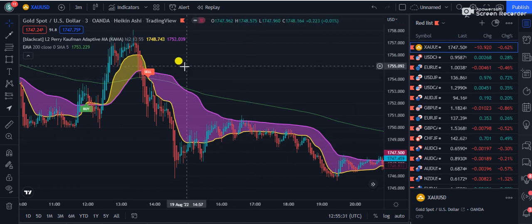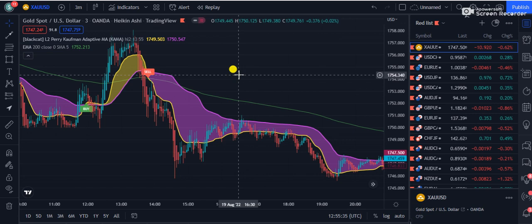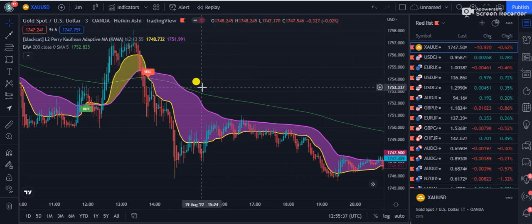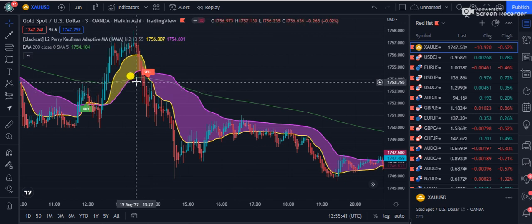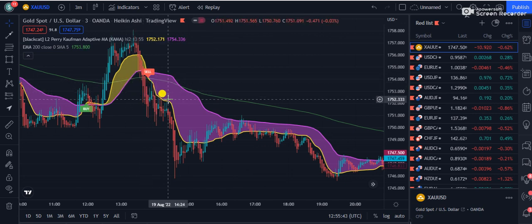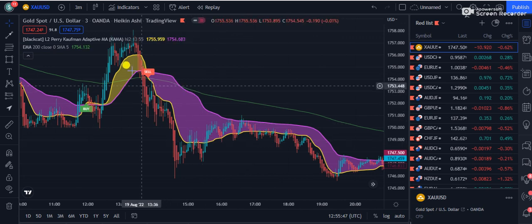Now I will tell you how to specify your entry. The first criterion is why I have attached the exponential moving average. This is very basic, because you know that the moving average helps us with trends. For example, if you see that the candles are below the 200 moving average, it means that we are in a downtrend.